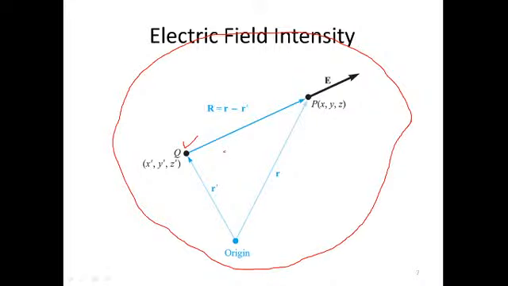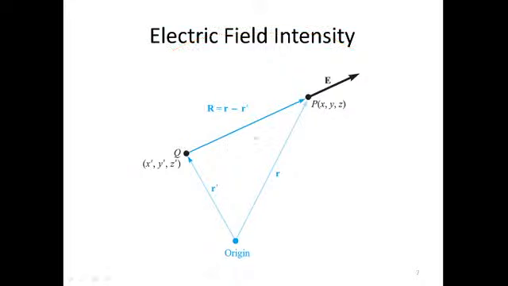When it is positive, another positively charged test charge will be repelled away. Let us say at this particular position, which we designate by the name capital P, as a function of x, y, z, this is a field point. It is a point where we are going to measure the strength of the electric field produced by the source charge. Hence we shall hereafter call the point P a field point.